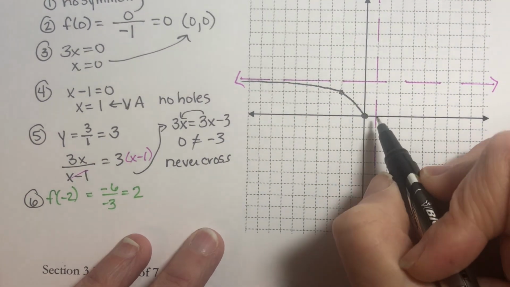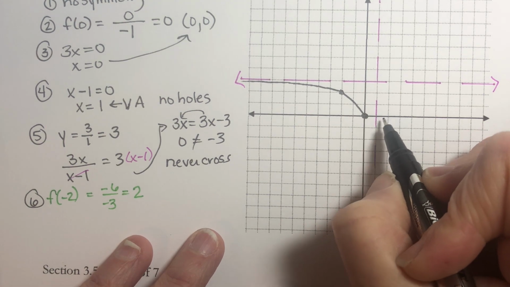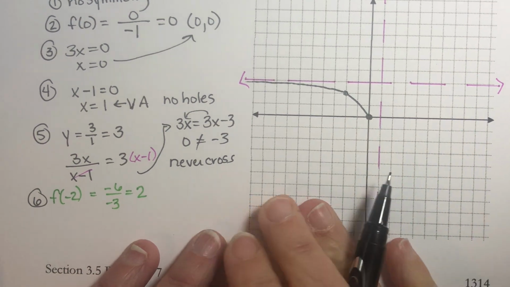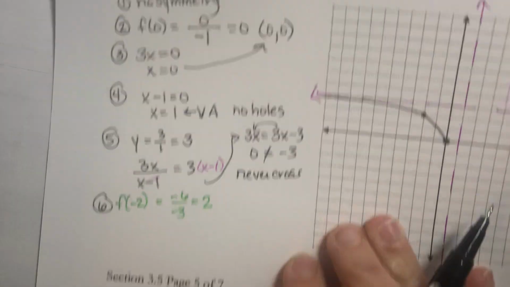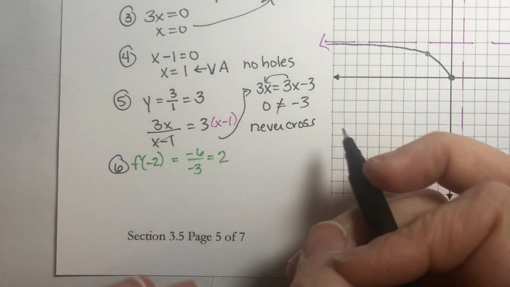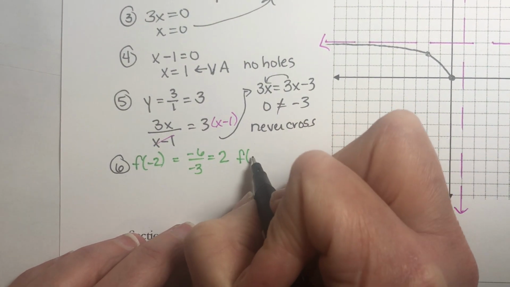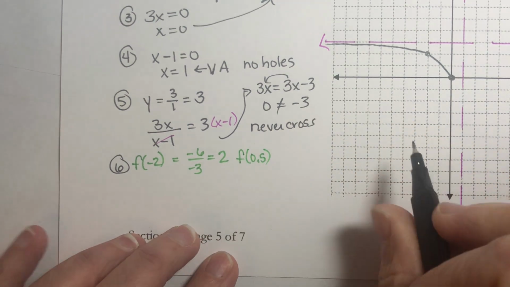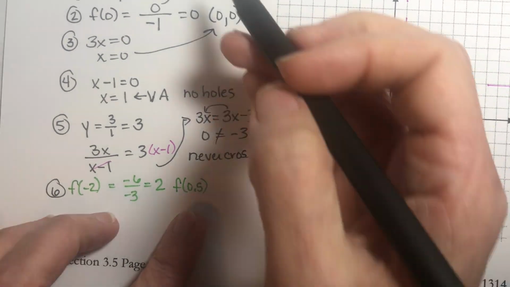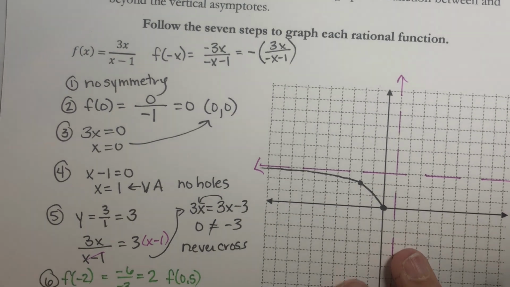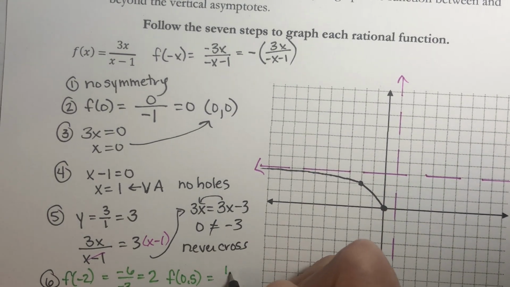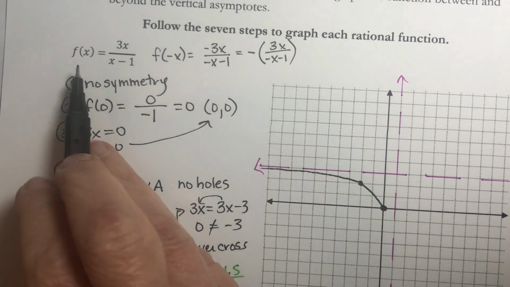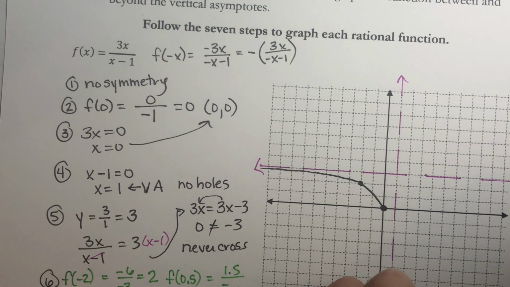Now they also ask that we plug in a number between here and here, which means plugging in 0.5. If you find f of 1/2, or 0.5, what we get is 3 times 0.5, which is 1.5, divided by negative 0.5.